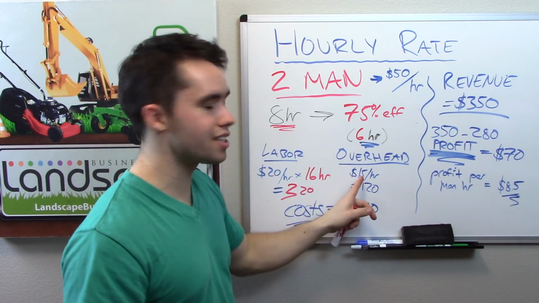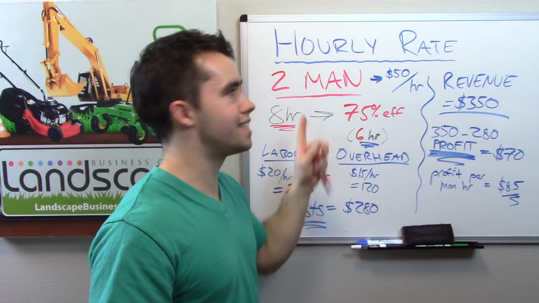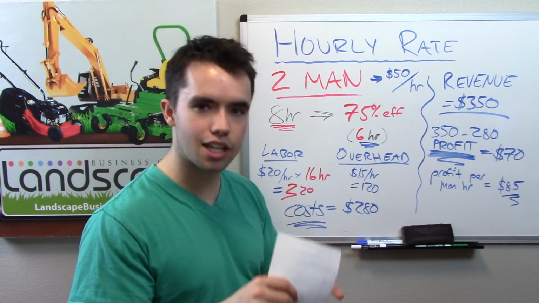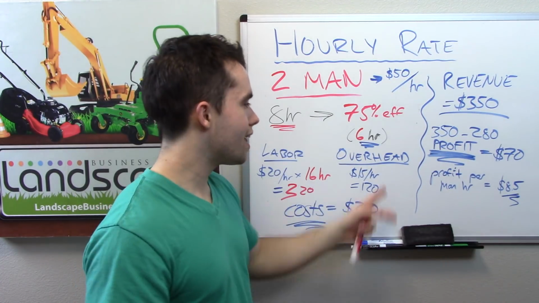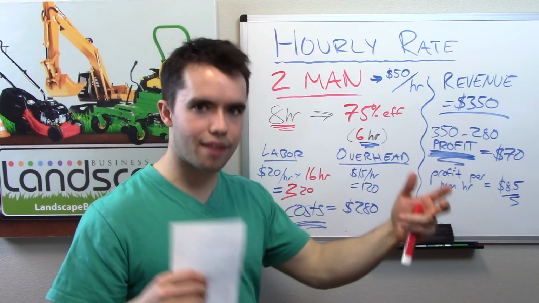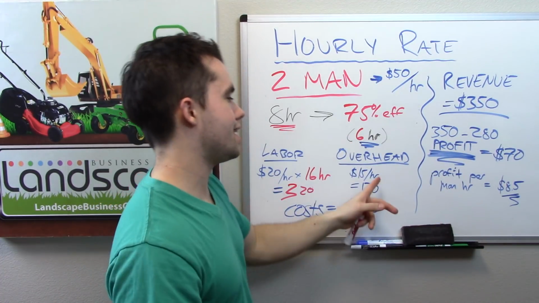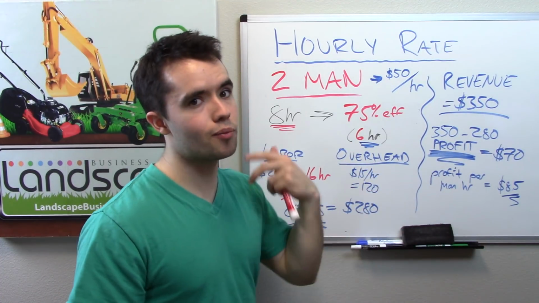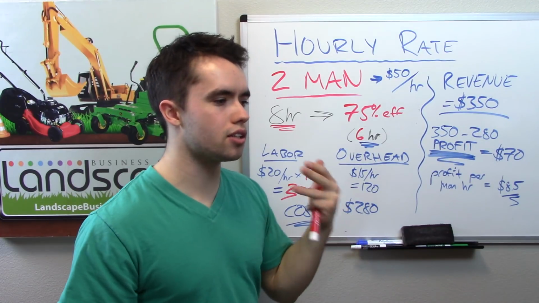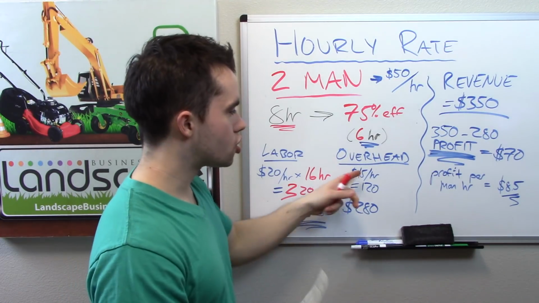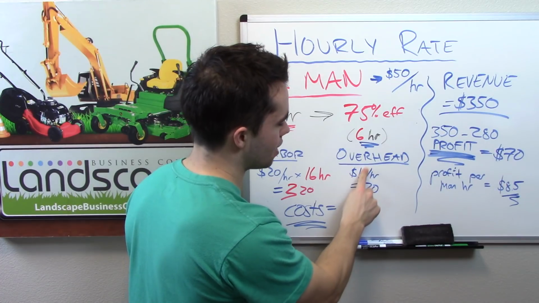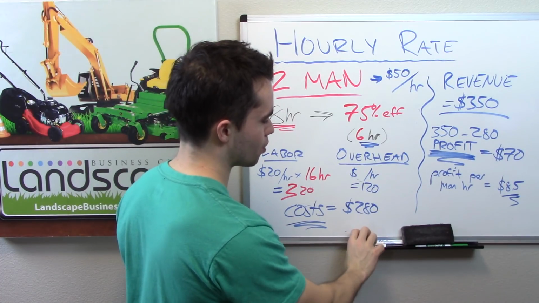It's not like this is the same $15 an hour because the second guy just jumps in the truck. He doesn't need another truck. He doesn't need all the more equipment. This is the debate that people have about 1-man versus 2-man crews, which is better, is the overhead amount. You don't have to buy all those assets, the truck, the trailer, the equipment, etc. So the overhead now is going to drop down to $10 per hour, $10 that's per man hour.